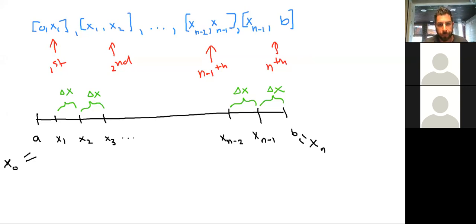So let's put that down there because it's very important to keep that in mind.